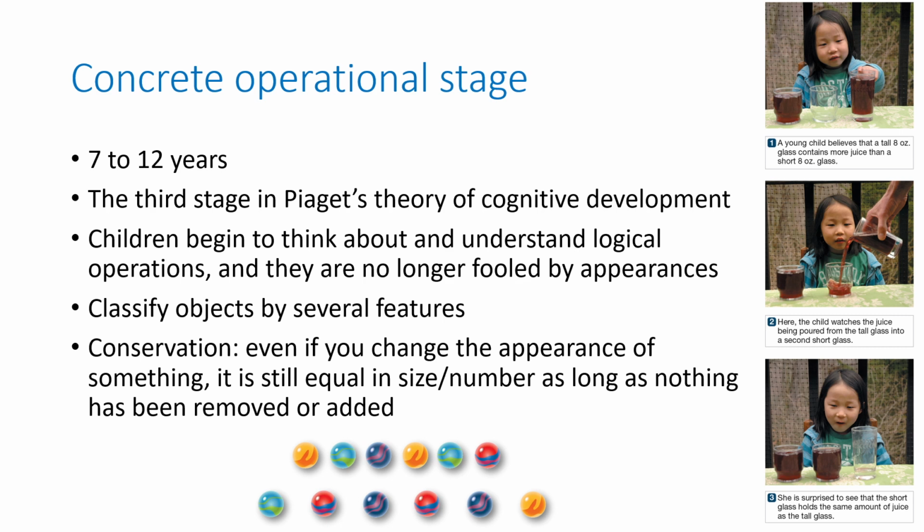One of the hallmarks in this is the idea of conservation, that even if we change the appearance of something, it is still of equal size or number as long as nothing's been removed or added.